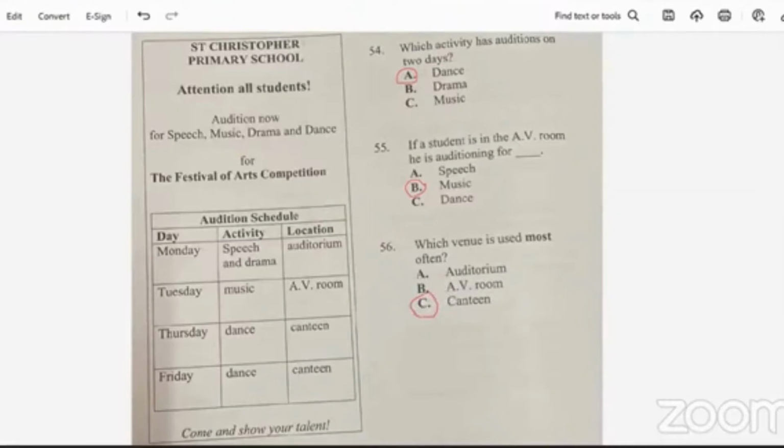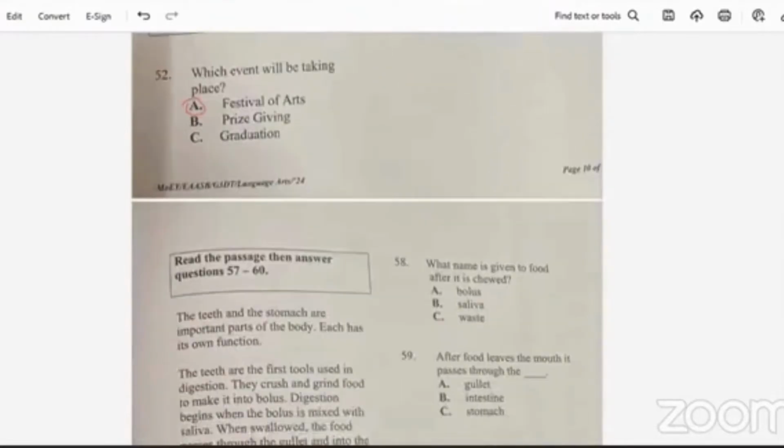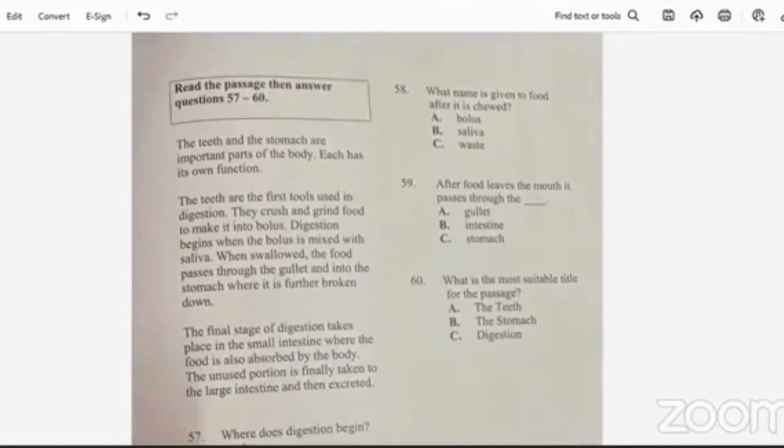All right, and let's get to the final questions. We're going to read another passage and we're going to be answering questions 57 to 60. The teeth and the stomach are important parts of the body. Each has its own function. The teeth are the first tools used in digestion. They crush and grind the food to make it into bolus.